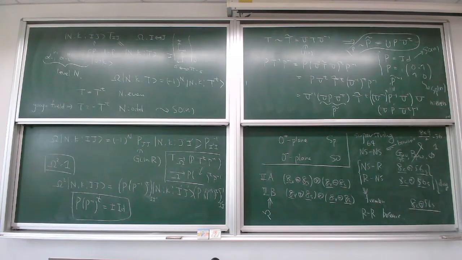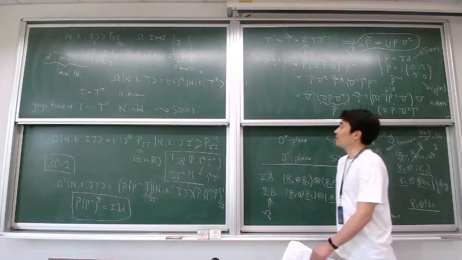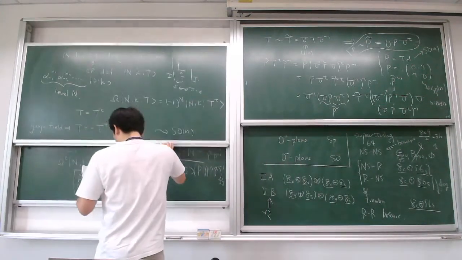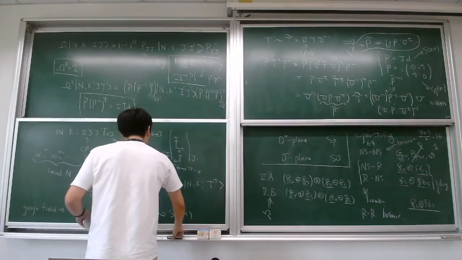What's left? You have to subtract 8 plus 56 minus 35 minus 1, and what's left is only this guy.